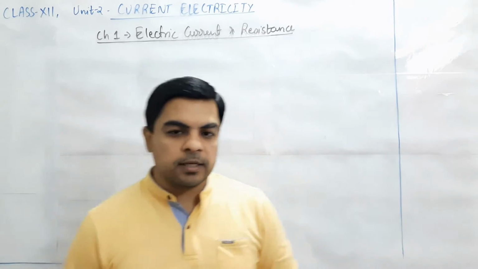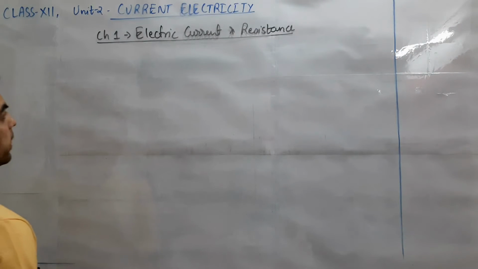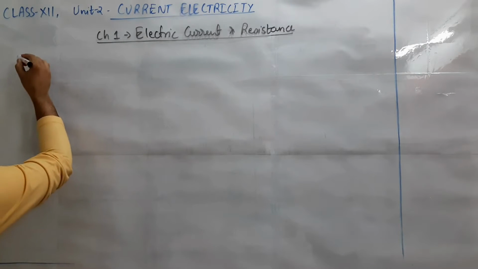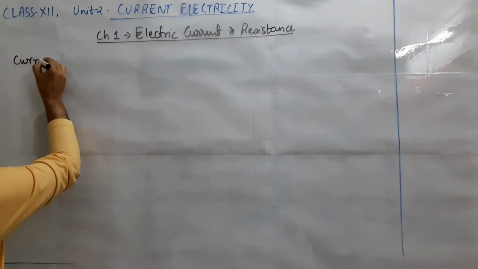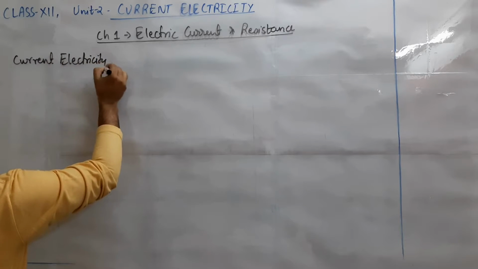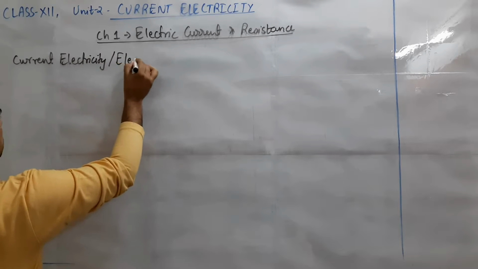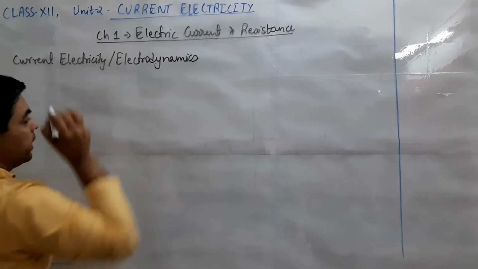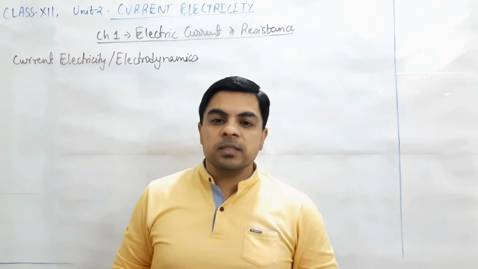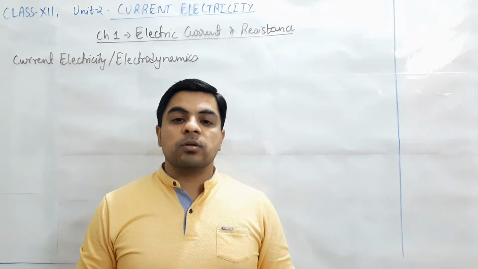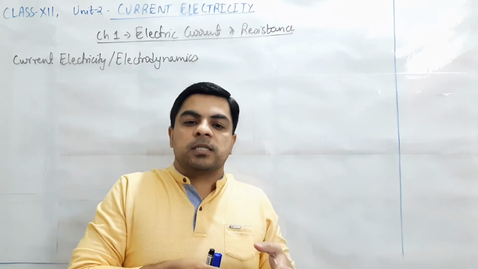So let's start our first chapter here, electric current and resistance. Before we proceed, let's understand the meaning of our unit, which is known as current electricity. It is also known as electrodynamics. In the previous unit, electrostatics, we studied the concept of electrostatics.